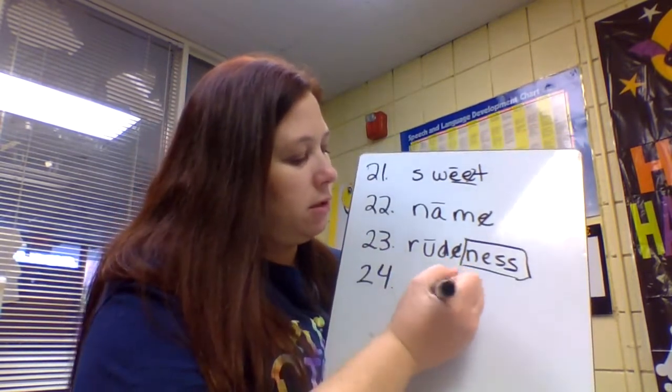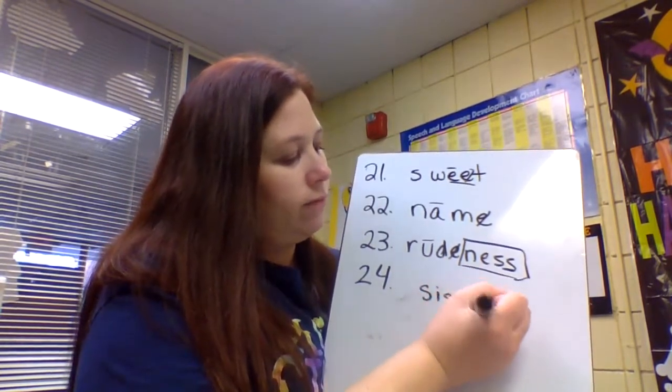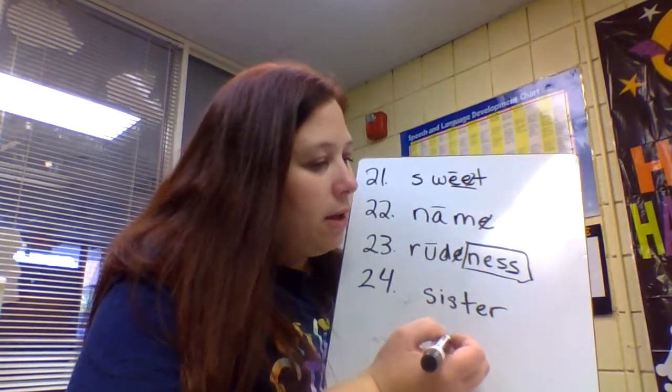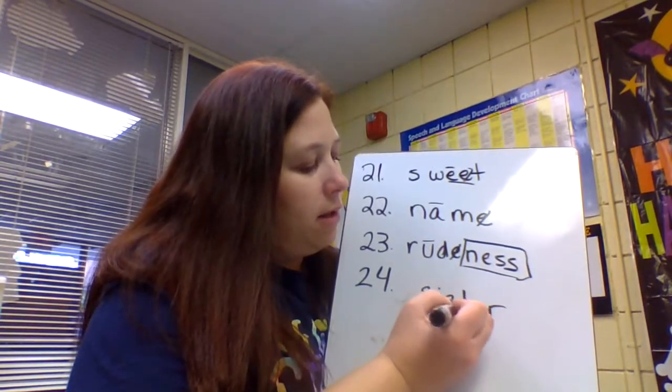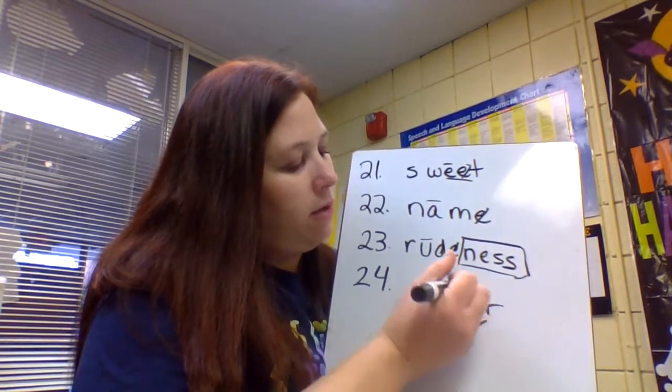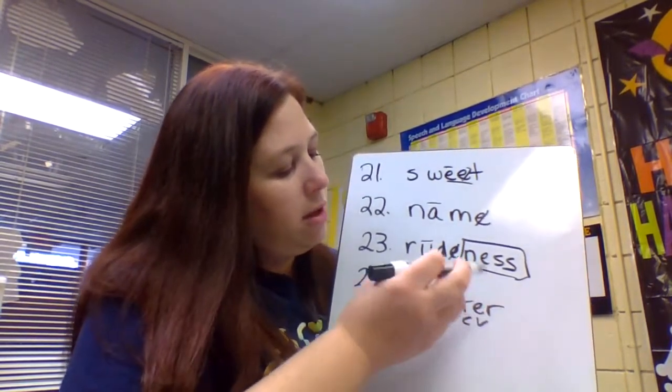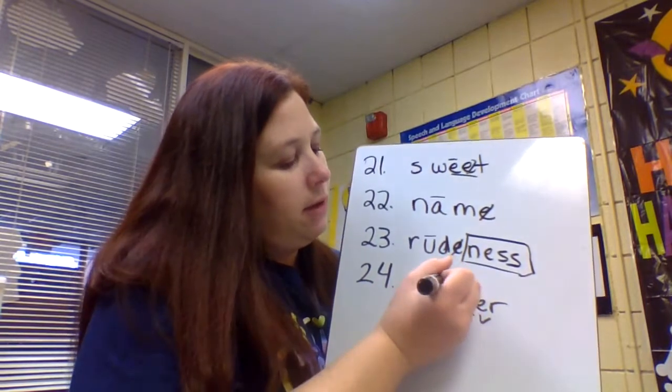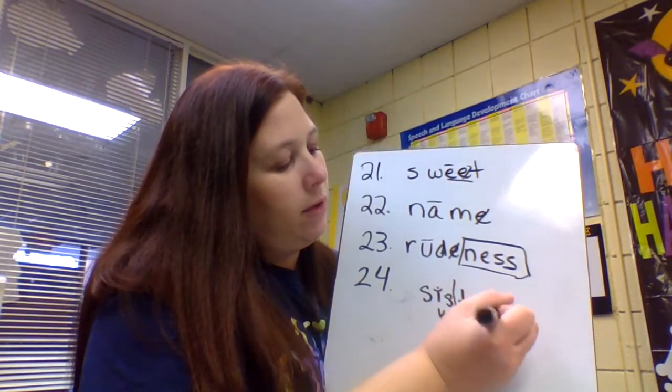24, sister. Here we have vowel, oopsies, vowel, consonant, consonant, vowel. So we're going to draw a little line there. And we have vowel consonant, gets a breve. And then here we also have our ER combination.